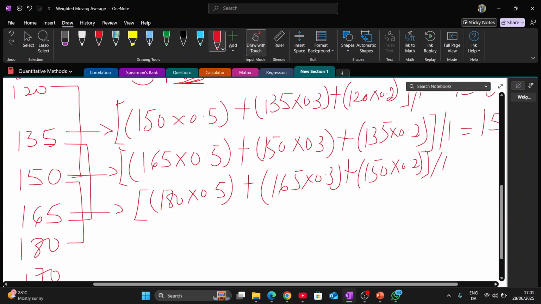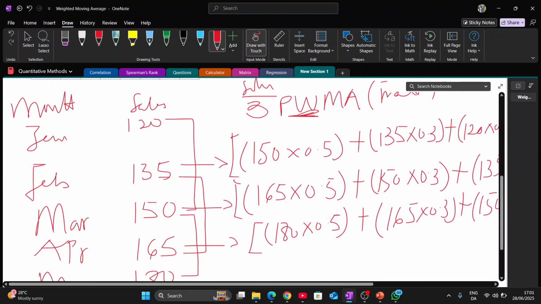That's the summation of the weight. So 180 times 0.5 plus 165 times 0.3 plus 150 times 0.2 gives us a value of 169.5. Let's move on.